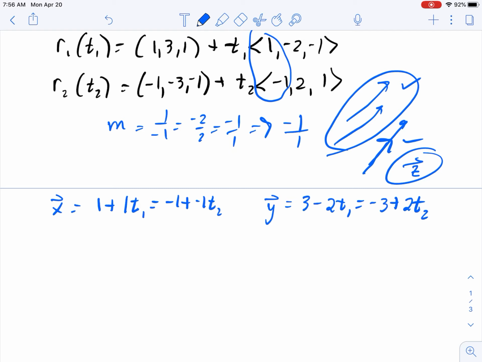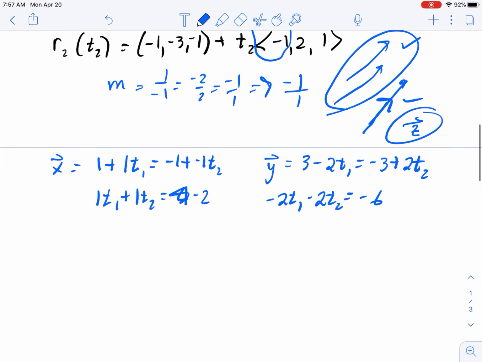All right, so let's clean this up. What I have here is 1t1 plus 1t2 equals -2. My y component here, -2t1 minus 2t2 equals -6.